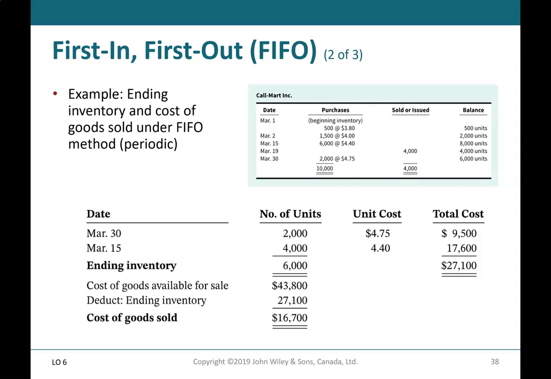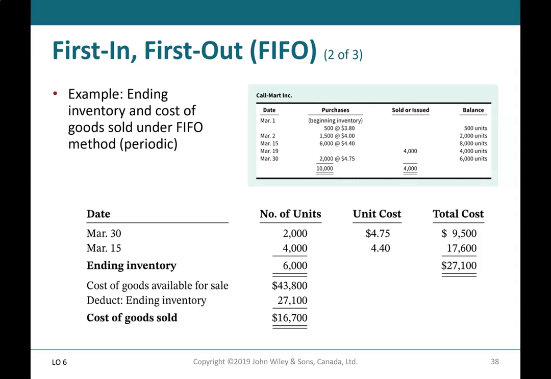First in, first out, FIFO, 2 of 3. Example, ending inventory and cost of goods sold under FIFO method periodic. So we still have our ending inventory of 6,000 and our total cost is 27,100.